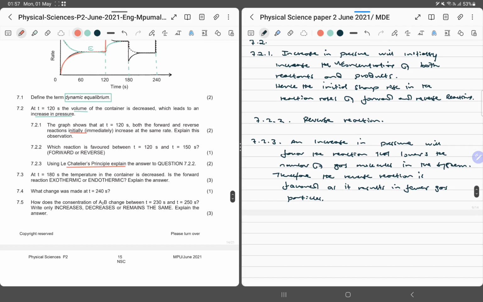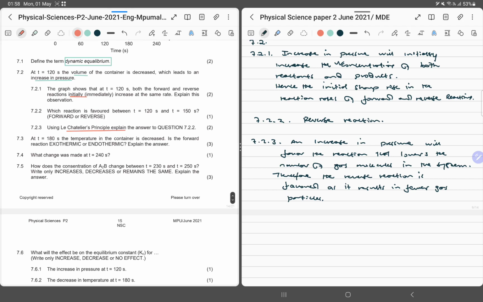Le Chatelier's principle, you don't really have to mention the person's name, because all you are saying is that you are reversing a disturbance. That's the essence of Le Chatelier's principle. So you can do it by mentioning him, or you can just do it by taking the essence of that stuff right there.